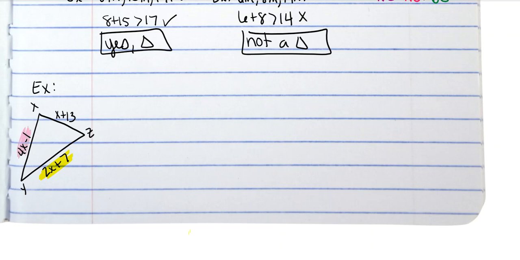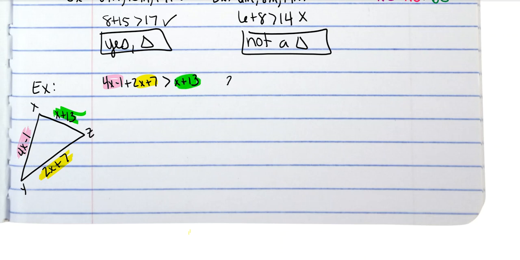So remember I told you any of the two smaller sides have to be bigger than the third. Whenever you're given equations like this, in order to know how to solve it, we have to set up all of those inequalities. So we're going to have 4x minus 1 plus 2x plus 7 has to be bigger than x plus 13. So just so we can keep track, that is pink plus yellow is bigger than green.